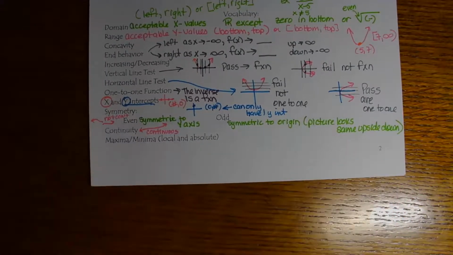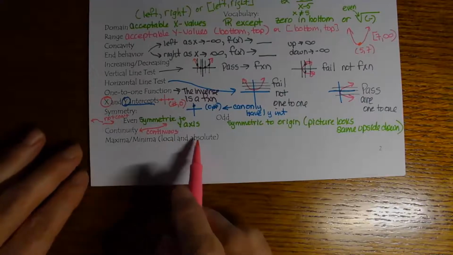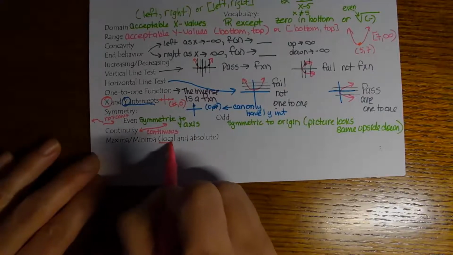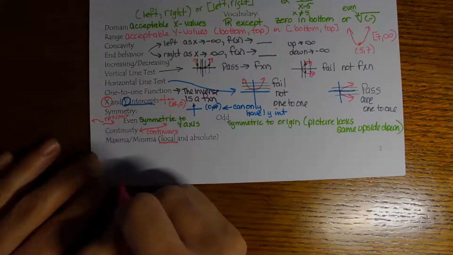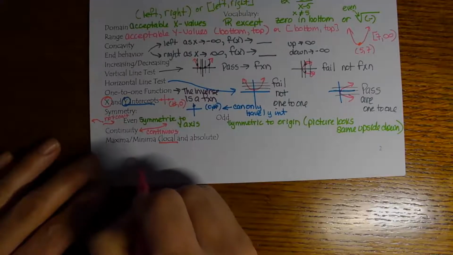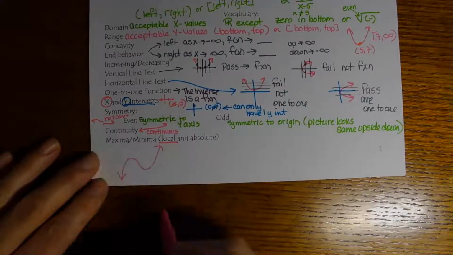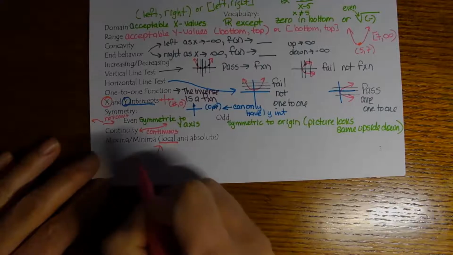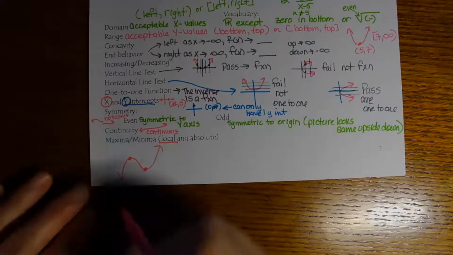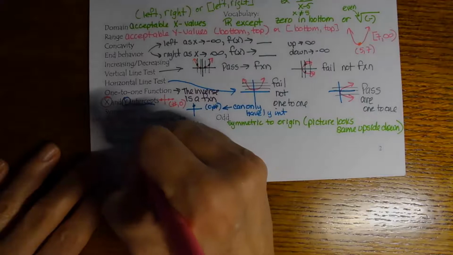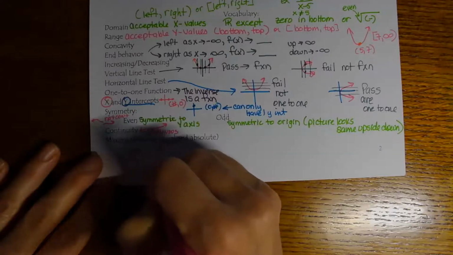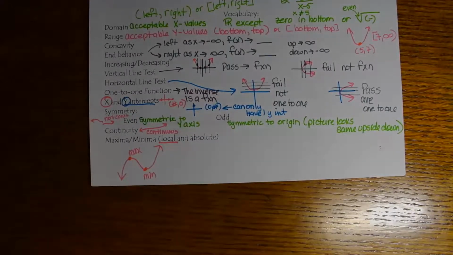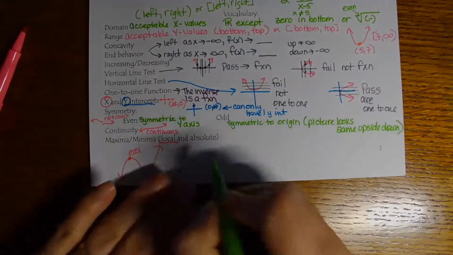Now, what about maxes and mins? Local and absolute. Well, let's do our locals. So this would be a local max and a min, right? Now, what about absolute?